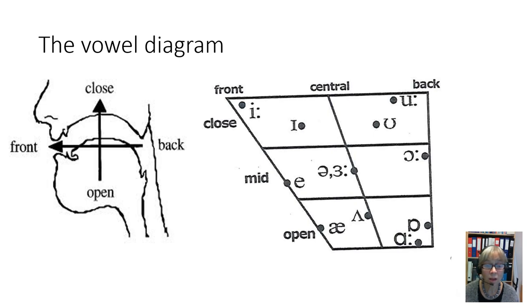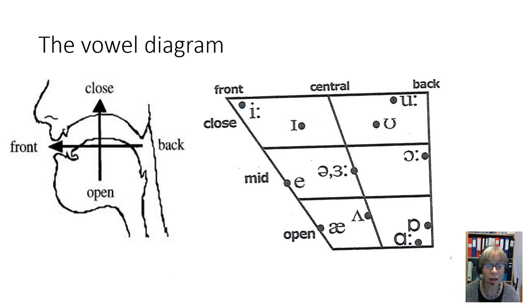Front close, E, the front of the tongue is close to the front of the palate, E. If you lower the front of your tongue, ah, you get a more open vowel.